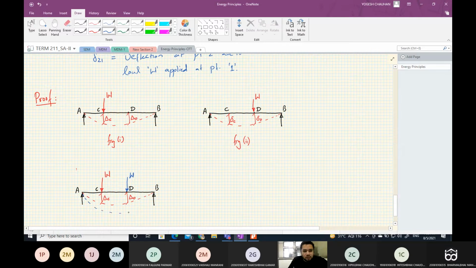So this deflection will be small delta D, and the deflection for this will be small delta C.